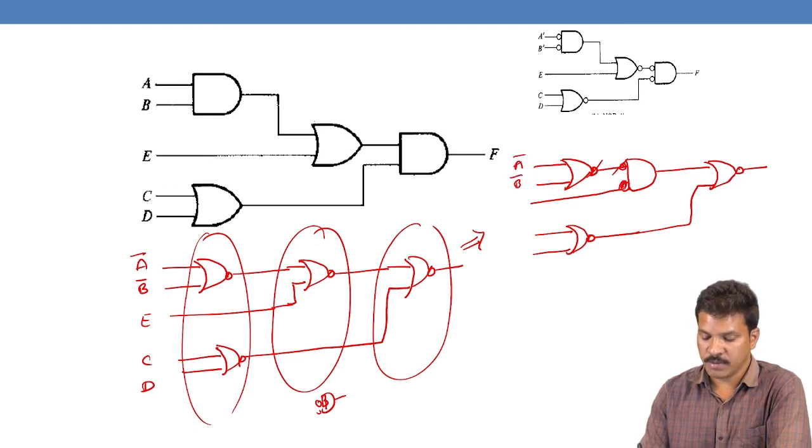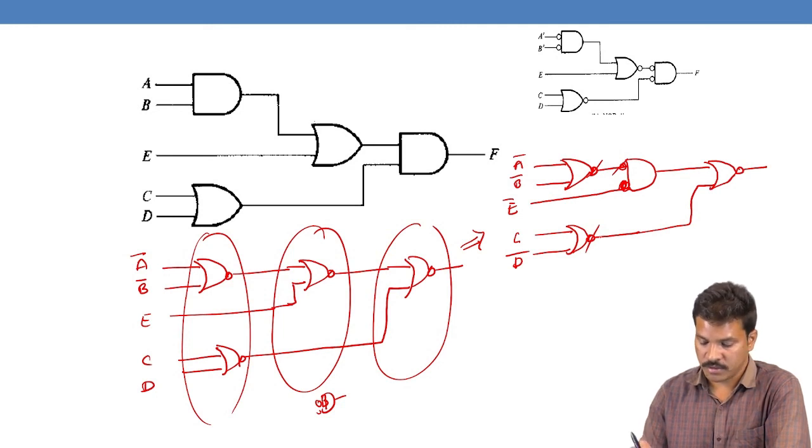When I use this bubble here, that variable is changed to E bar, and here it is C and D. This bubble, so here it is.